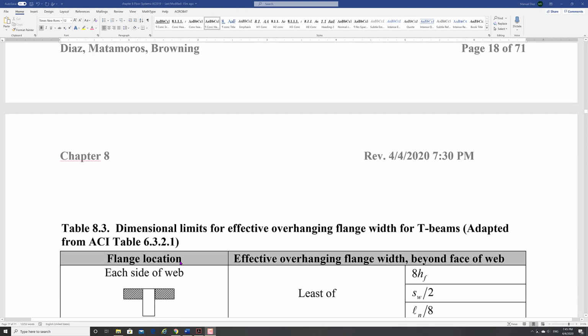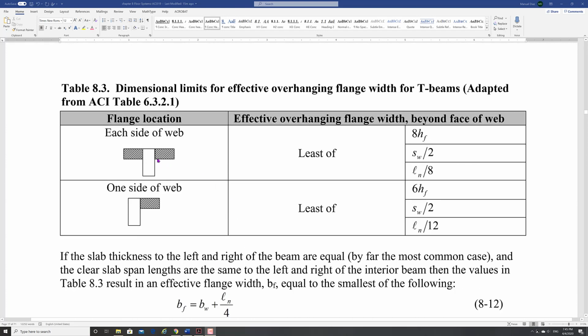Okay, so what are the formulas? The code gives you the values for the shaded areas. The code says in section 6.3.2.1 that your overhanging portions should be the least of 8h_f, s_w/2, and l_n/8.